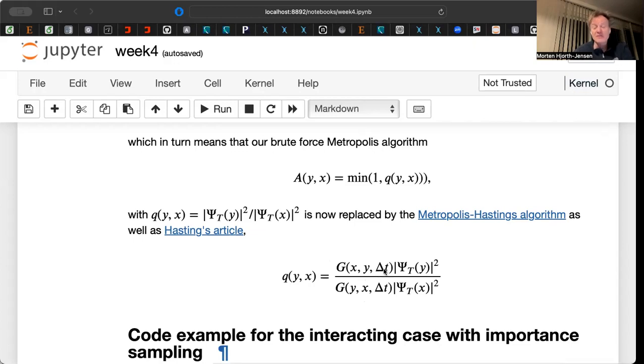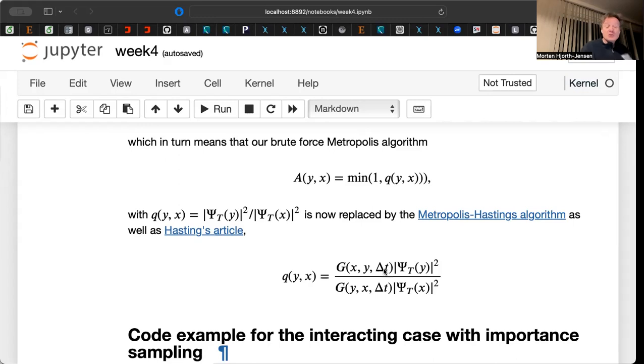So time here, you can view as a kind of artificial quantity, but it can also be interpreted as your random walker making jumps in space under specific time steps, or time distances. You have your probability at a given time t, and then you jump to a probability at a position within a time t prime minus t, which is our delta t here.